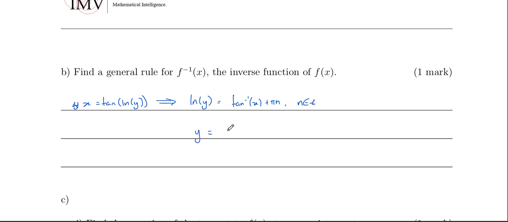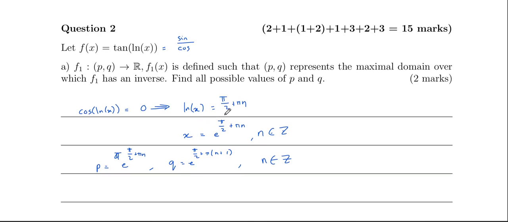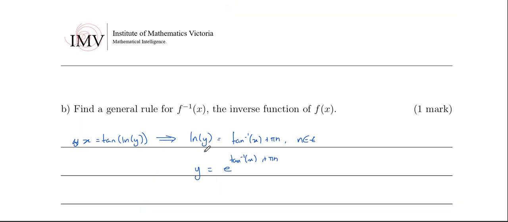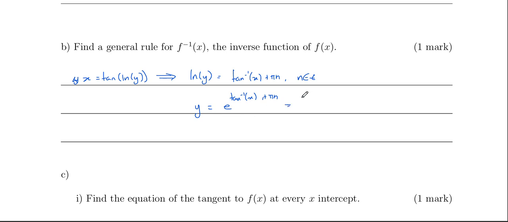And then y is equal to e to the arctan of x plus pi n. And n depends on which domain we're talking about, so you know what value of n is here. So that's equal to f -1.